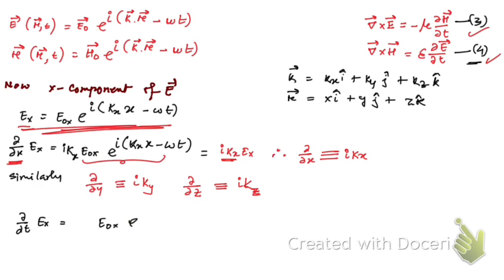Differentiating this part, e to the power i(kx x minus omega t), if you differentiate the part within the bracket, this part is 0 with respect to t, and here we're going to get omega, and as we have i here, minus i omega. So this implies that del t, this operator, is nothing but, instead of this we can write minus i omega.